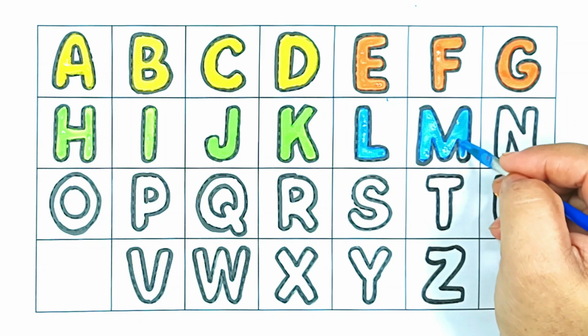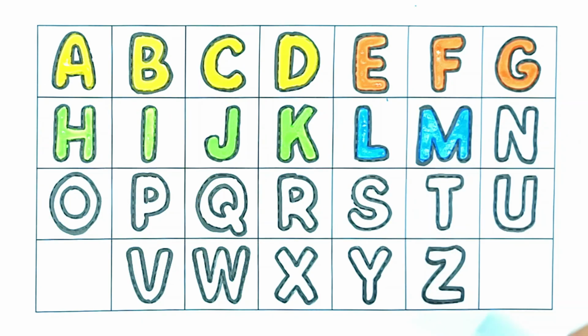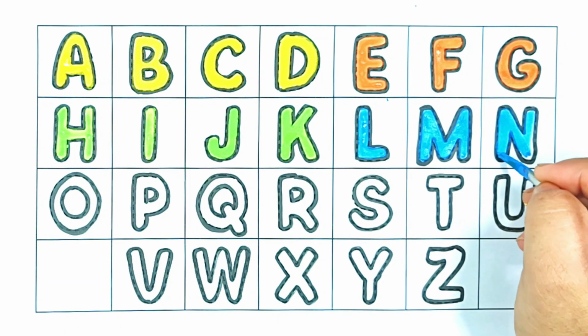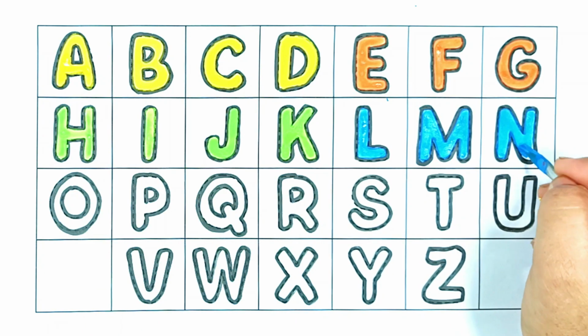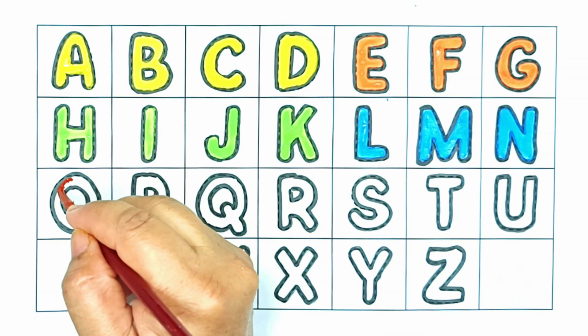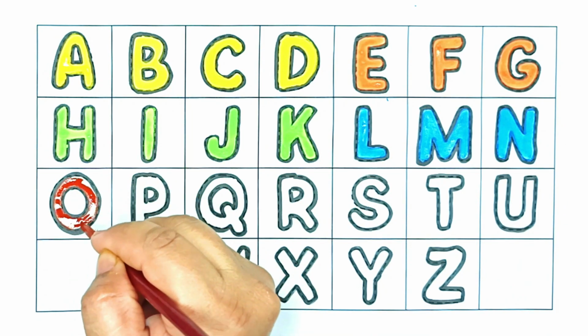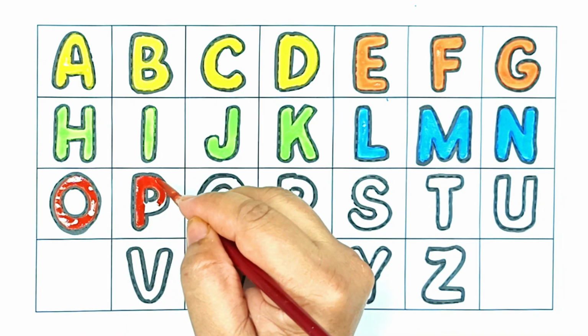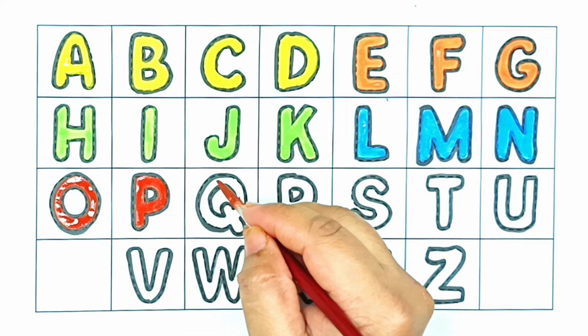M for man, M for man. N for net, N for net. O for onion, O for onion. P for pen, P for pen.